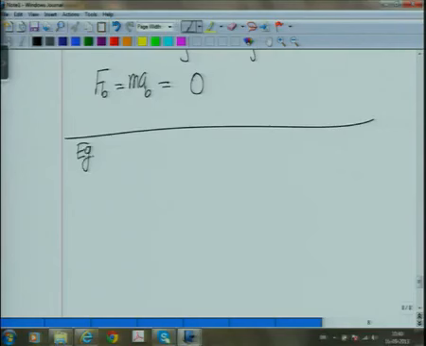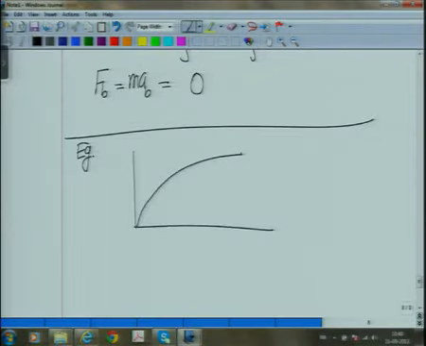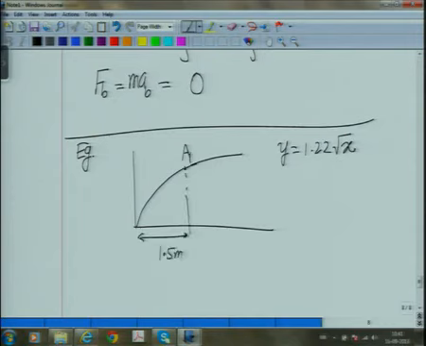So the example let us take is one of path coordinates. Suppose we are given that a particle is moving along a path where y is given as 1.22 times square root of x. The particle is at a position A where the x coordinate of A is 1.5 meters.